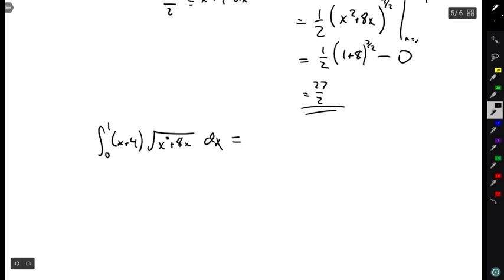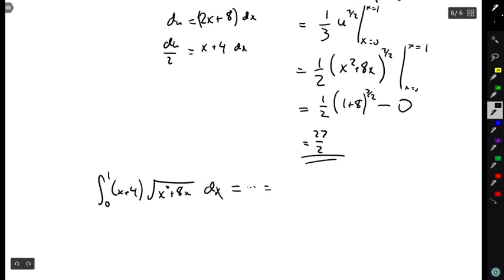So the last time, what we did was we got to this point after a little bit of work where we had this expression 1/3 u to the 3/2 evaluated from x equals 0 to x equals 1. And this time, instead of changing the antiderivative back in terms of x, I'm going to change these bounds of integration here in terms of u.